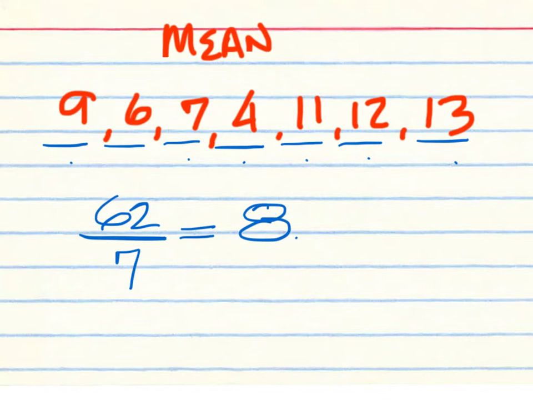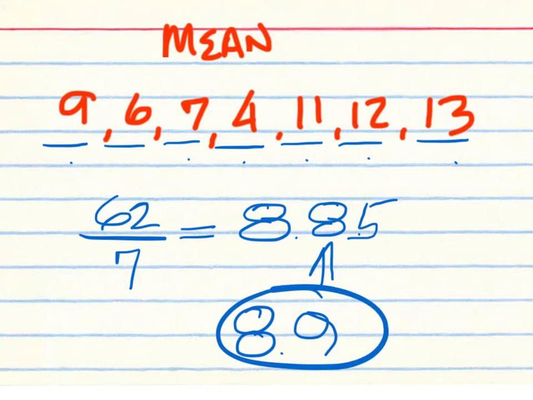That comes out to be 8.85, but we're going to round to this place. So it would be 8.9 here, because this number is 5 or higher, so you bump this one up 1. If it's not, then it would stay 8.8. But the answer here is 8.9.